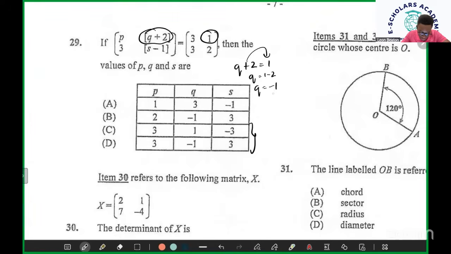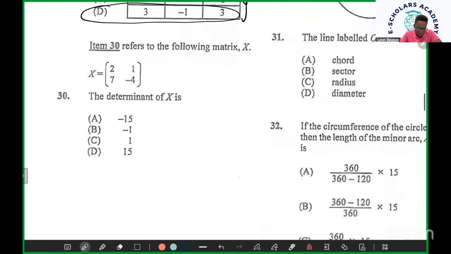So you can go with D. We go with D as the answer, right? D. We gotta continue, because the only other possible option has Q as positive 1. So let's roll.